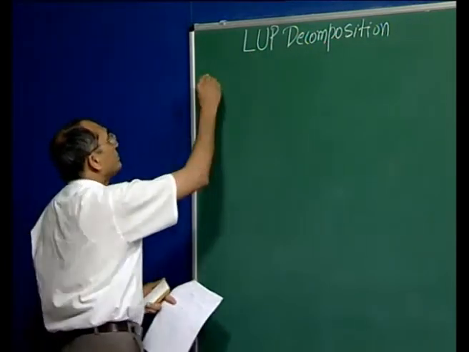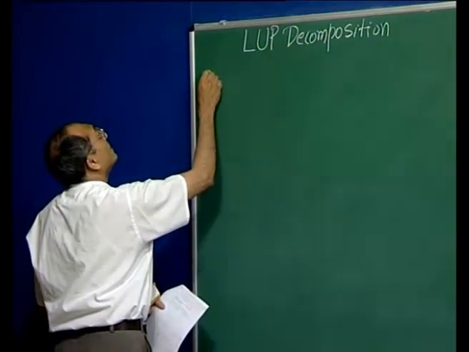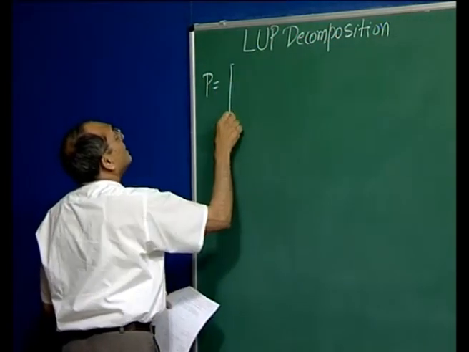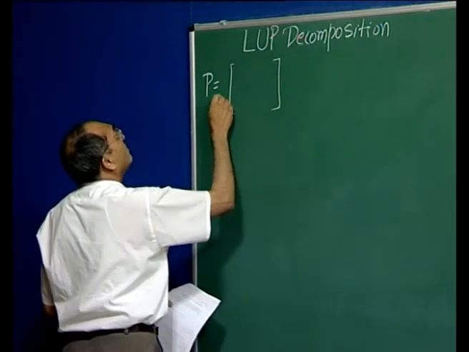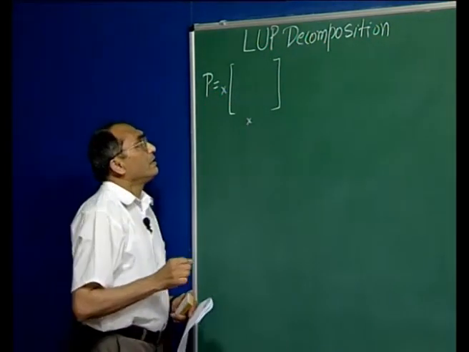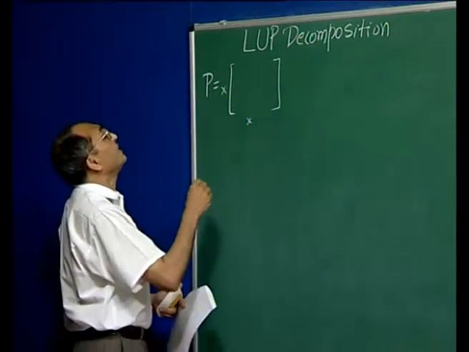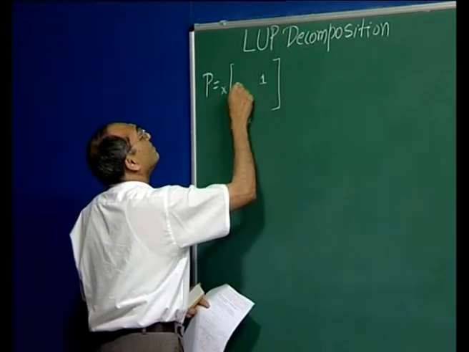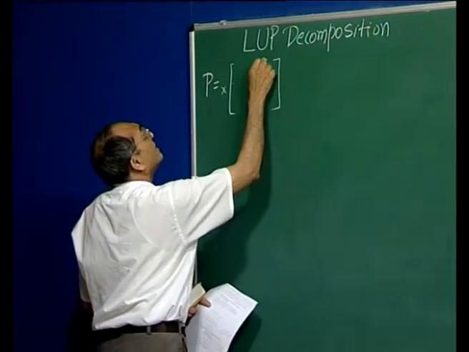So let's first of all make sure we know what a permutation matrix is. P is a square matrix of size n by n. It is a permutation matrix if there is exactly one 1 in each row and each column, and all other entries are 0.